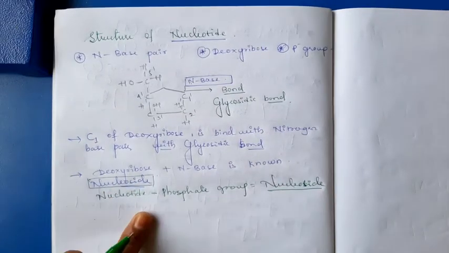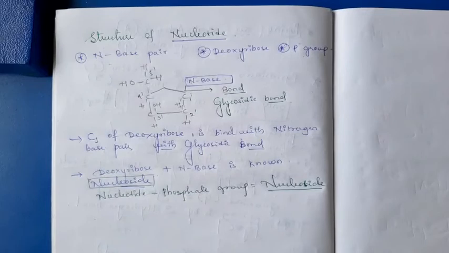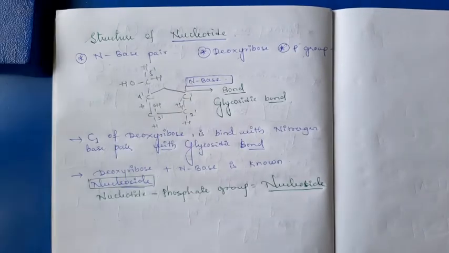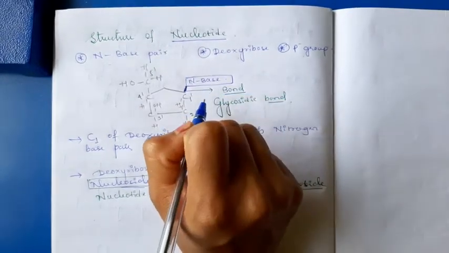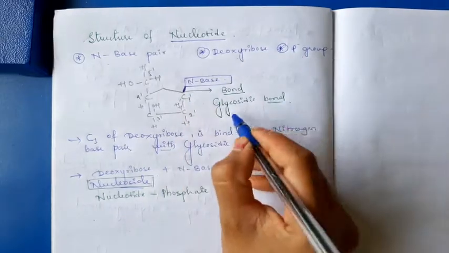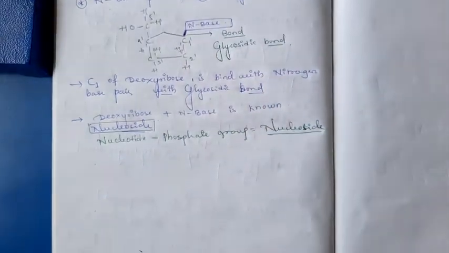Okay, nucleotide means presence of 3 components of DNA. Nucleoside means presence of 2 components, that is a deoxyribose and a nitrogen base pair. Okay. Just remember the bond between first carbon atom of the deoxyribose and nitrogen base pair is the glycosidic bond.